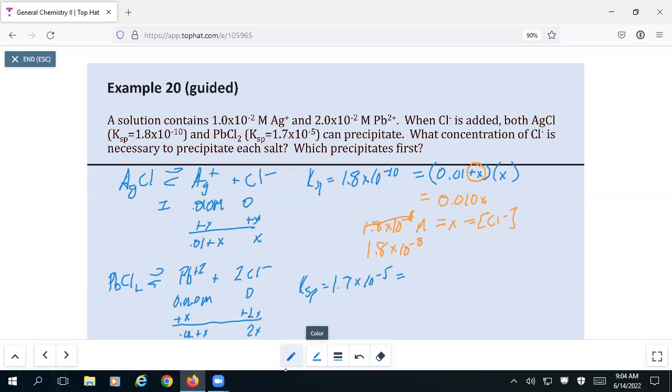It's equal to 0.02 plus x multiplied by 2x squared. Again, we're going to ignore that term there.